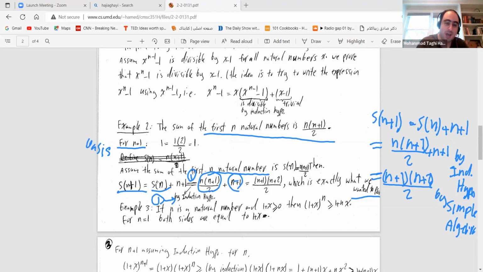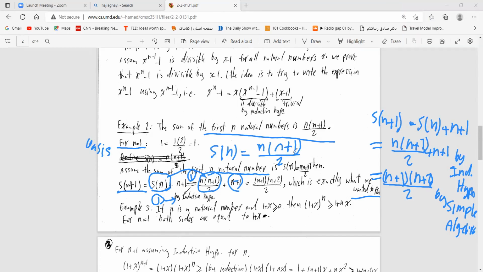The induction hypothesis would be exactly this: Sn is equal to n times n plus 1 over 2. That's the induction hypothesis. Clear? Okay. So we are assuming that it is correct for n.